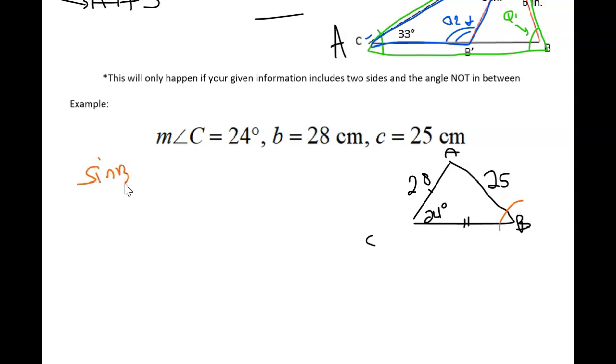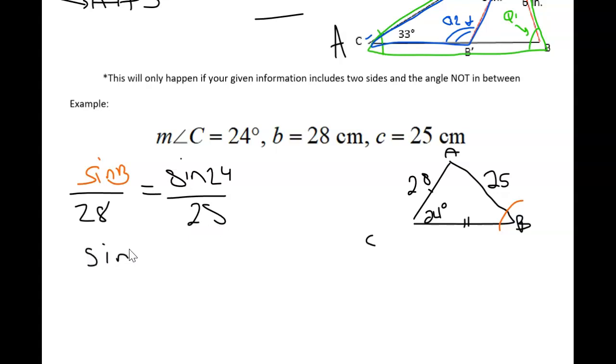Sine B over side B is equal to sine C over side C. Multiply both sides by 28. We get sine B is equal to sine 24 over 25 times 28.